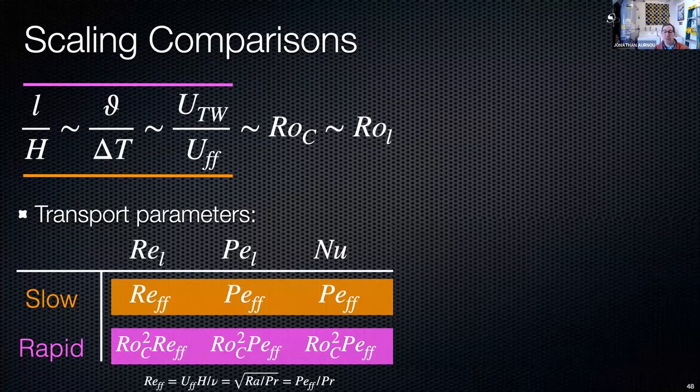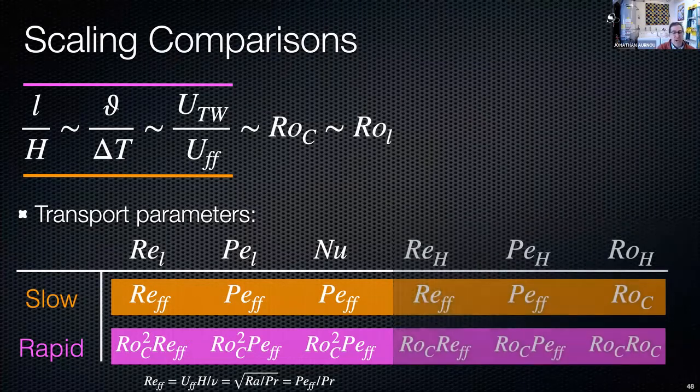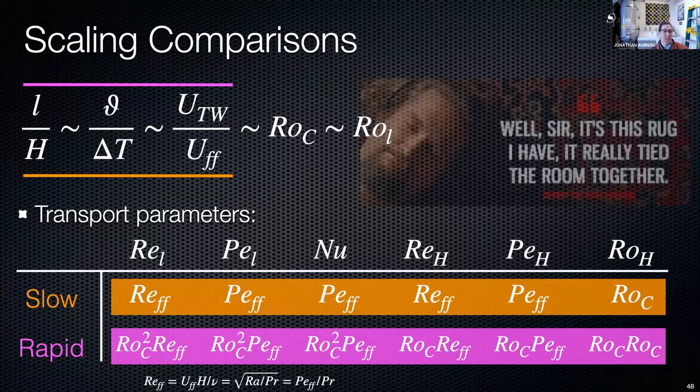We've subbed out H for L. Each of those substitutions gives us one factor of ROC. So it's a very simple transformation. In contrast, if we do the system scale, then we're not subbing out H, we're leaving H as is, and we're just exchanging U free fall for U thermal wind. So we get one factor of Rossby.